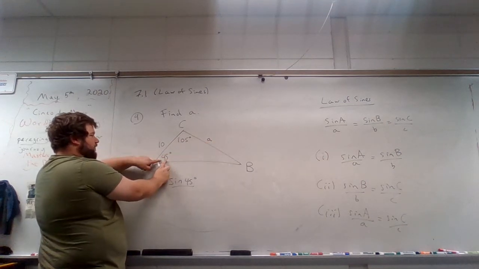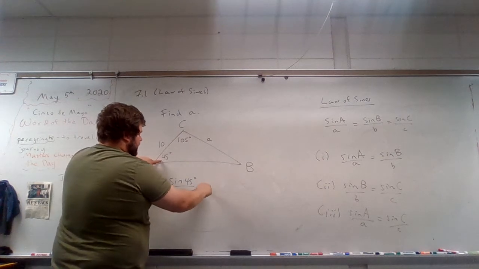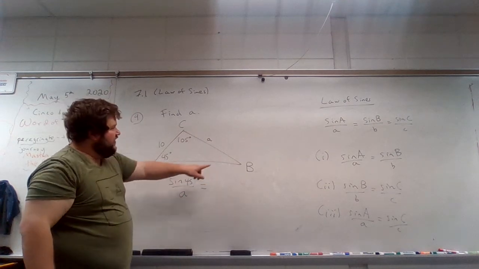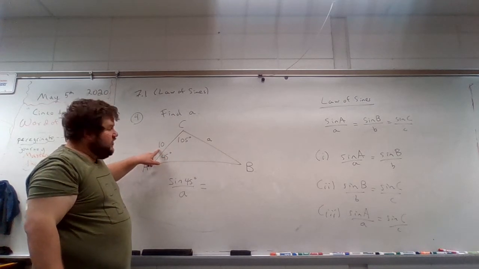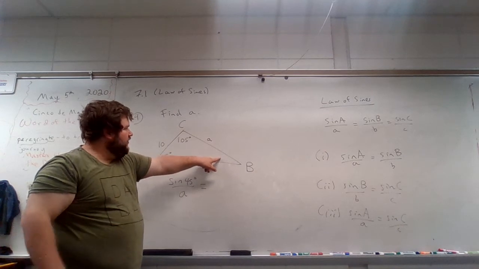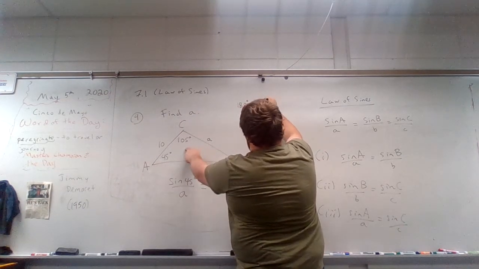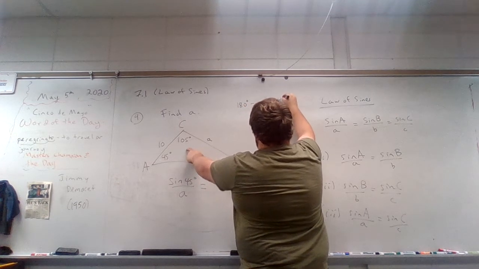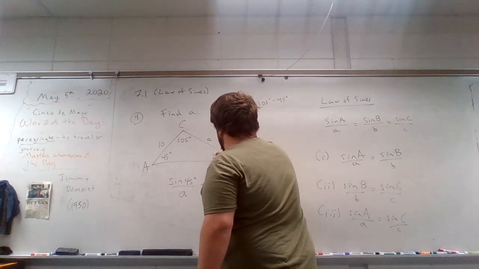So the sine of 45 over little a is equal to the sine of this angle over 10. I would need to find this angle before I did anything. What is angle B? That's 180 degrees minus 105 minus 45. That's going to be 30 degrees.